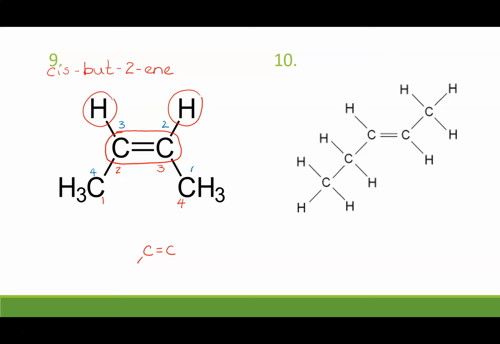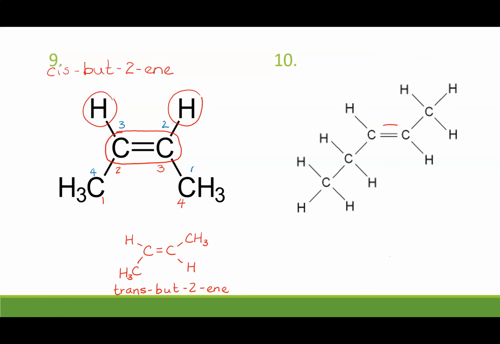So if we have a trans-but-2-ene, then what we would see is the hydrogens will be on opposite sides, and carbon 1 and carbon 4 would also be on opposite sides. Okay, so this is trans-but-2-ene.